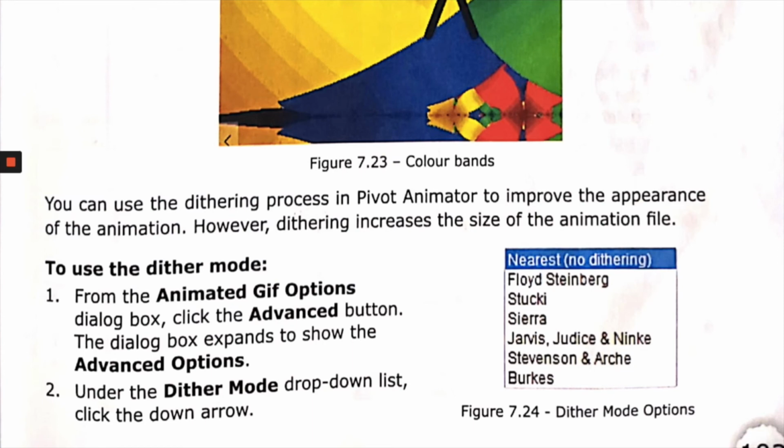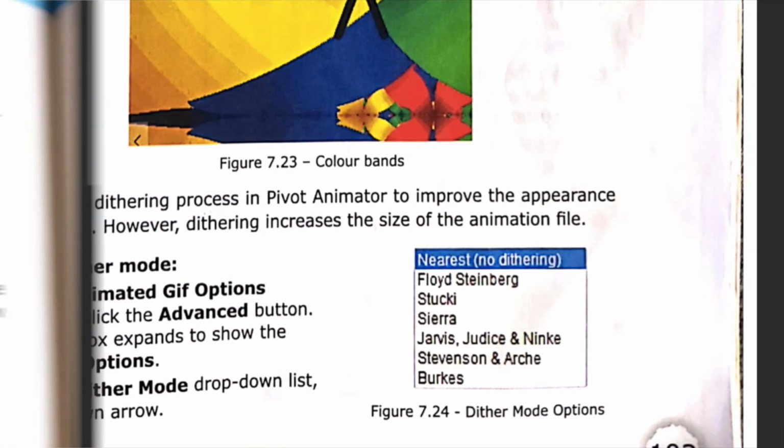To use the dither mode, from the Animated GIF options dialog box, click the Advanced button. The dialog box expands to show the Advanced option. Under the Dither mode drop-down list, click the down arrow. The Dither mode options are shown in figure 7.24.